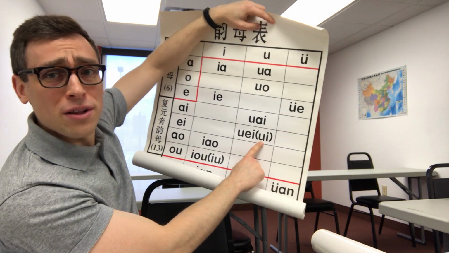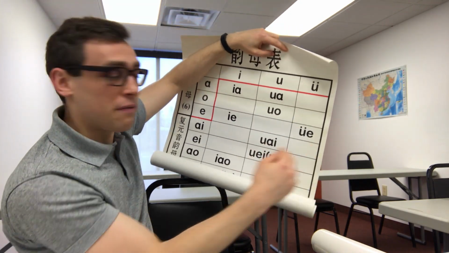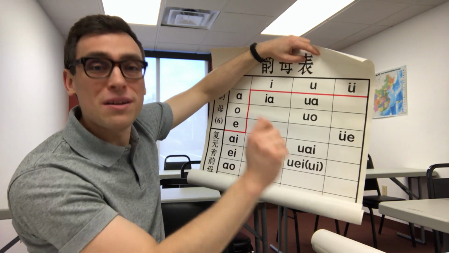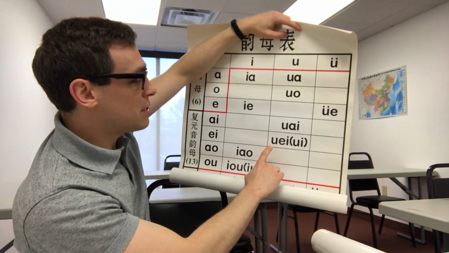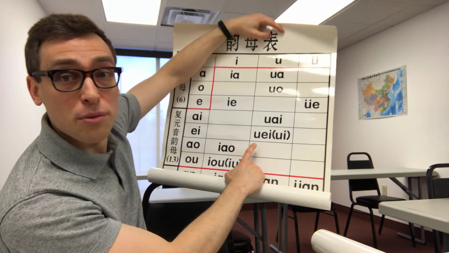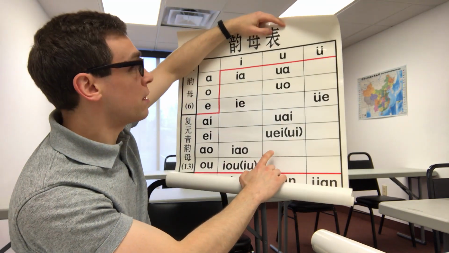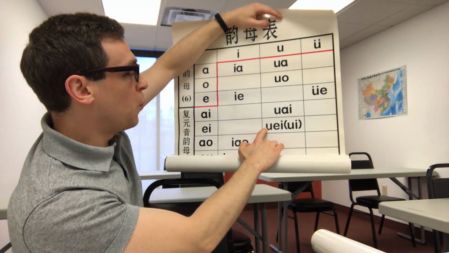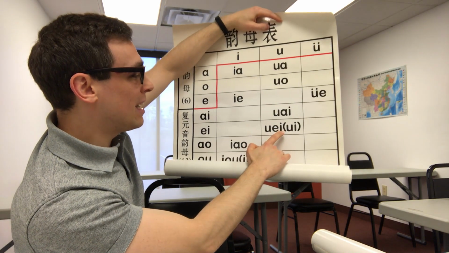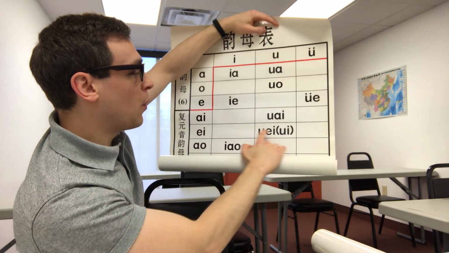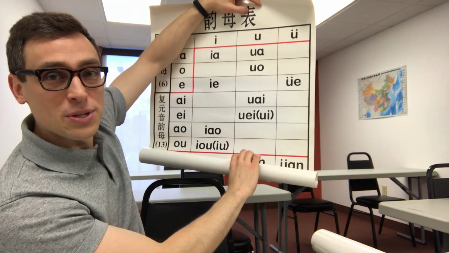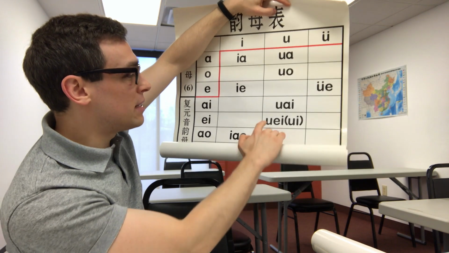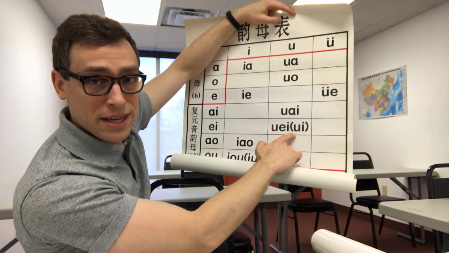So you might want to think of this vowel slide, this complex final, as written in an abbreviated form. It actually is a slide through three different, simpler finals: U, E, I. So even though we only write a UI, think of it as a blend through all three of these.